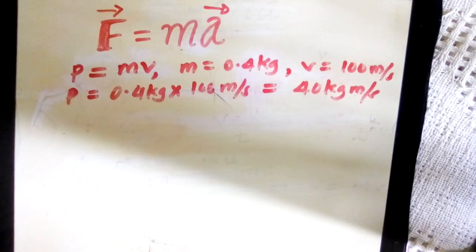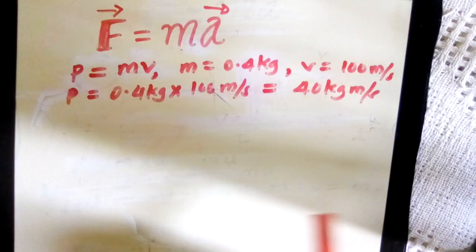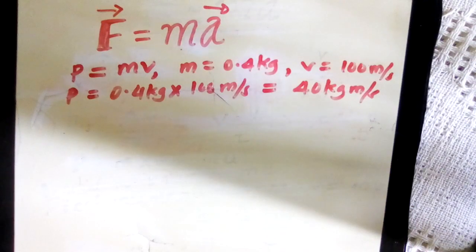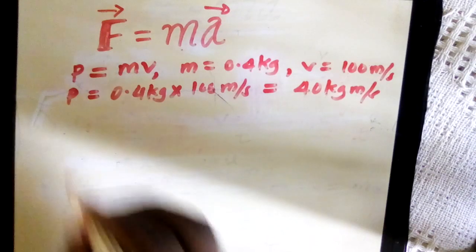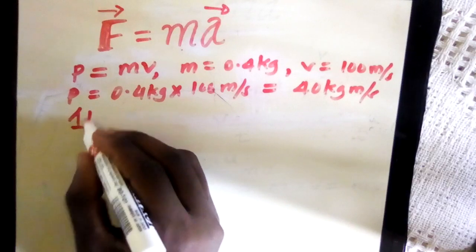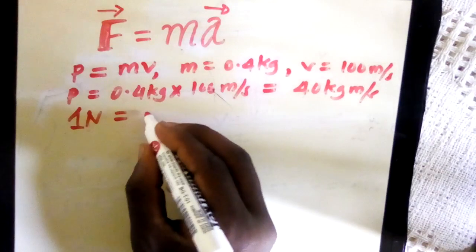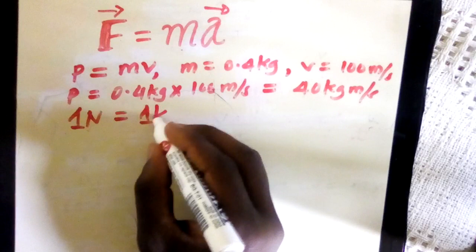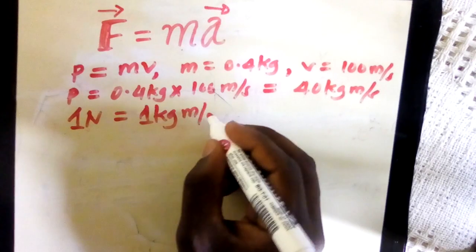The other term that you have to be familiar with is 1 Newton. 1 Newton is the force which acts on a unit mass of 1 kilogram and produces an acceleration of 1 meter per second squared. So basically 1 Newton equals 1 kilogram meter per second squared.